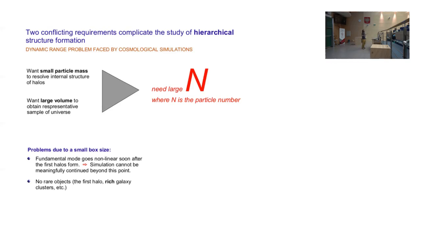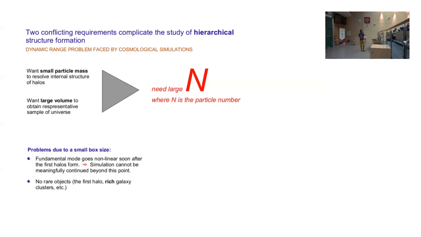So you might be tempted: maybe I'm going to do 100 small boxes, right? So at the same time, I have good physics, good resolution, also some representation. Well, there's a problem with this approach, because as soon as the fundamental mode, the largest perturbation you can fit in the box, goes non-linear, and this usually happens for small boxes when the first halos form, the simulation cannot be continued because it becomes non-physical.